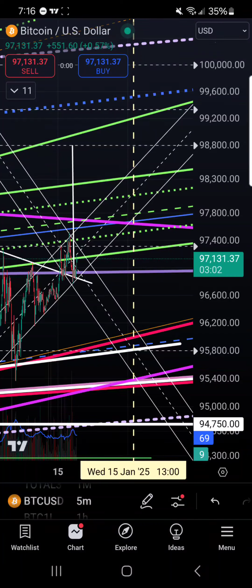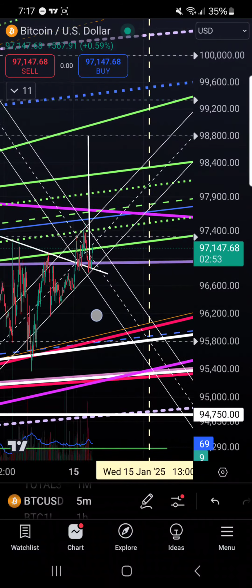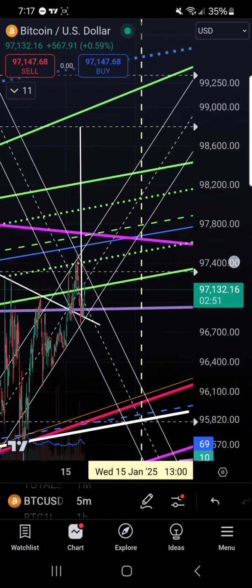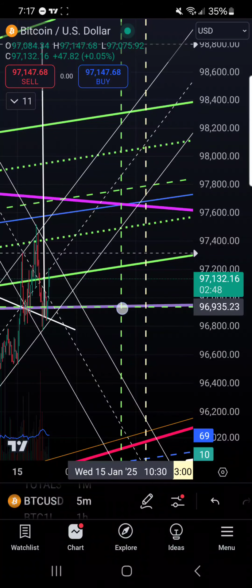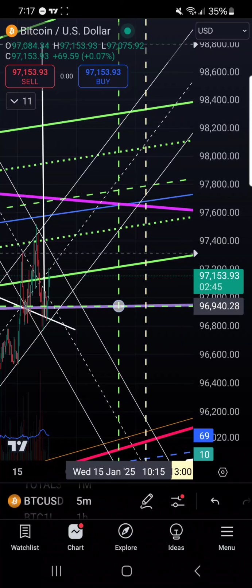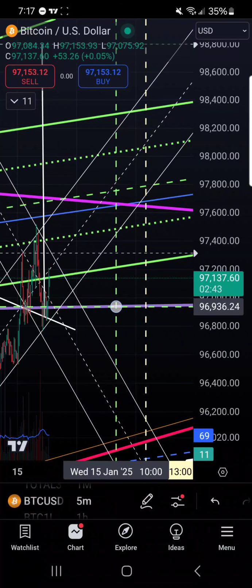Here we are looking at Bitcoin US dollar index on the 5-minute time frame. We're trying to figure out what the hell's going to happen here. So, this light purple line here is the trend line that connects the two tops from our previous cycle.